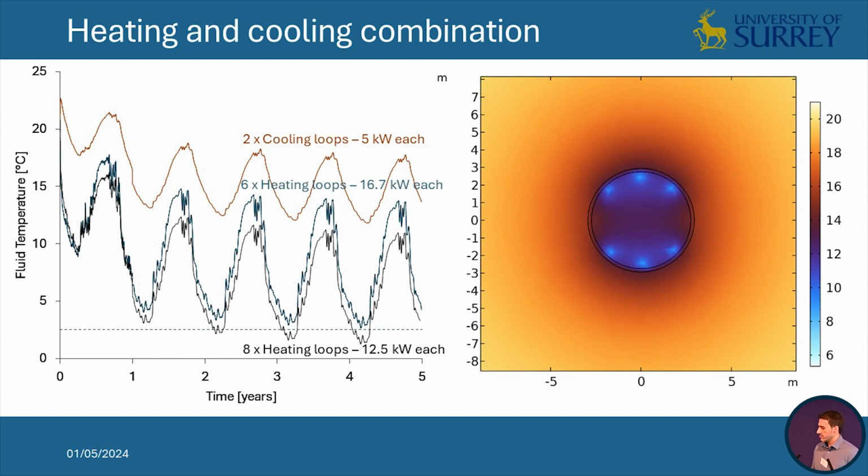What's interesting to see here is how those interact together, because you're essentially circulating hot water to some and colder water to others, and there are synergies. By comparison, for the same equivalent example, if you just use heating and distribute it to all 8 loops, that performs worse. So by providing heating and cooling, you're essentially providing more energy overall, and you get better performance.